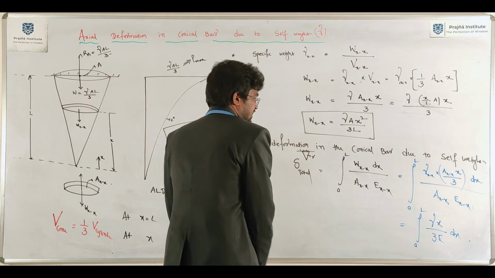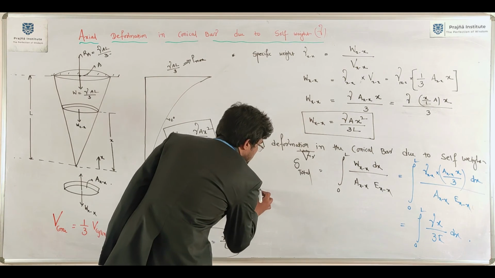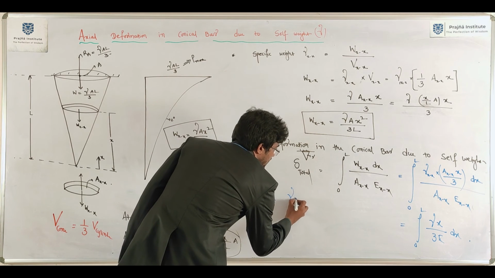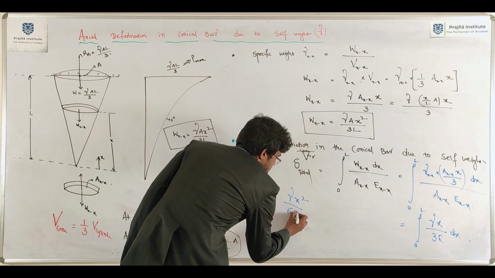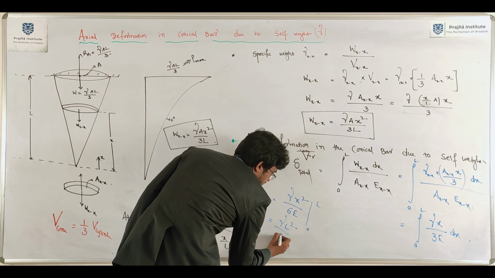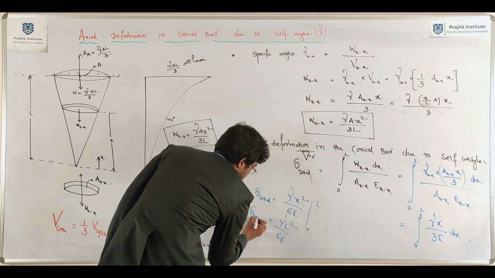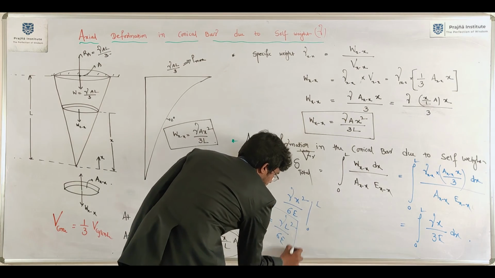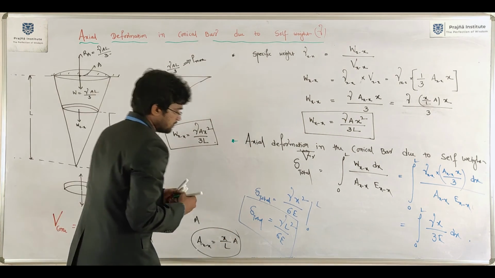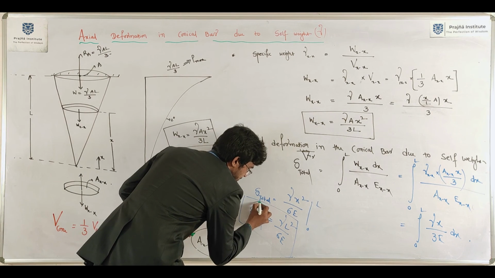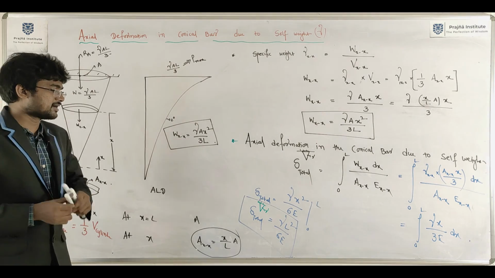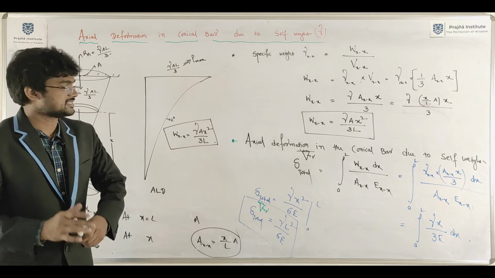So finally, delta total equals gamma x square by 6E from 0 to L, that is gamma L square by 6E. So the axial deformation in the conical bar due to self weight is gamma L square by 6E.